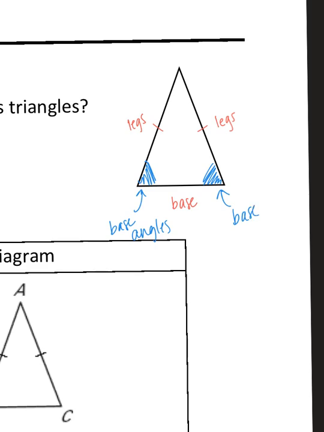Okay, and this point up here, where the two legs intersect, is called the vertex. And we could call this the vertex angle also.